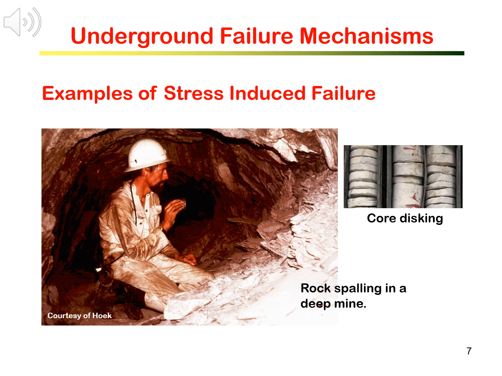This is a similar failure mode as disk fracturing in rock cores when drilling at great depths, by the photo on the right. Spalling and rock burst are stress-induced failures and occur usually at great depths over 1,000 meters.